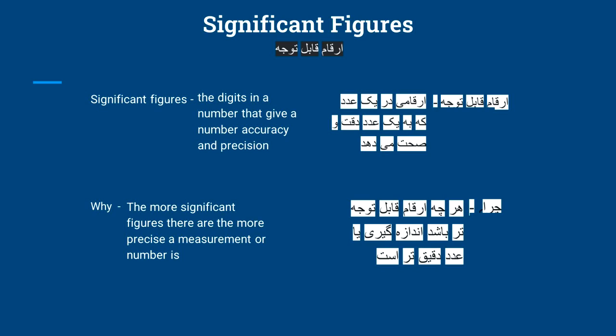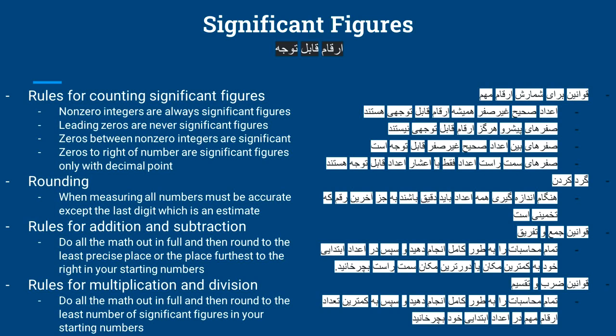So, for example, you're measuring something with a ruler, and you can see that it's definitely 5.3 centimeters, and then a little bit more. You can look at this and say 5.3 and round the last digit to maybe 5.34. Because the last digit is a little bit more than 5.3, but you can't tell exactly where it is.